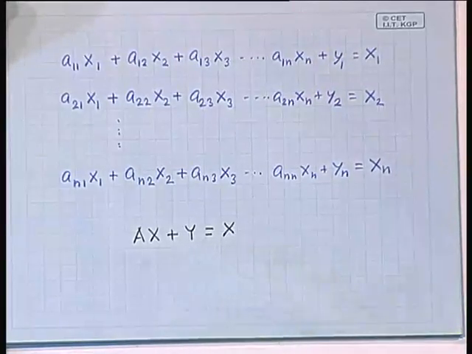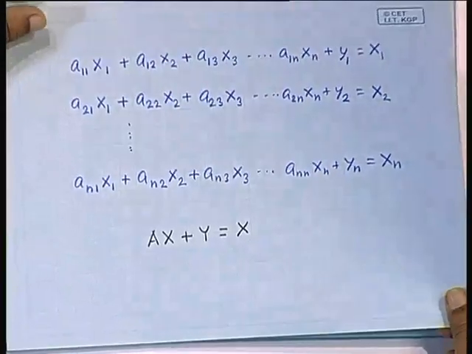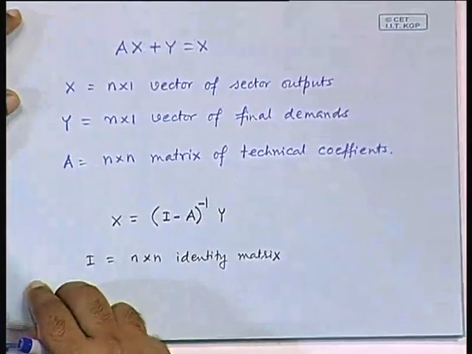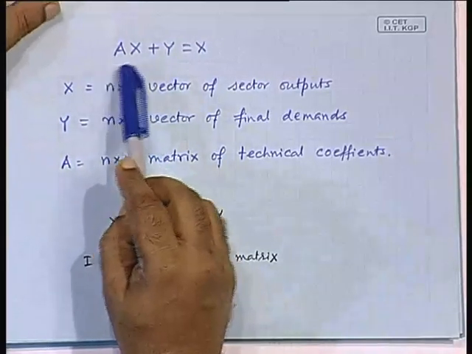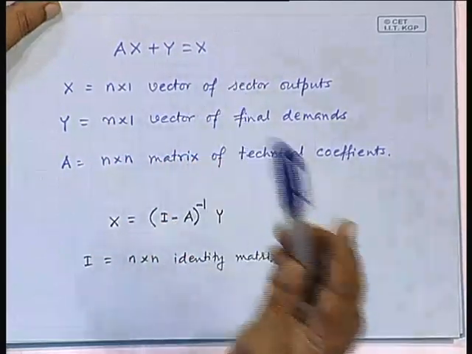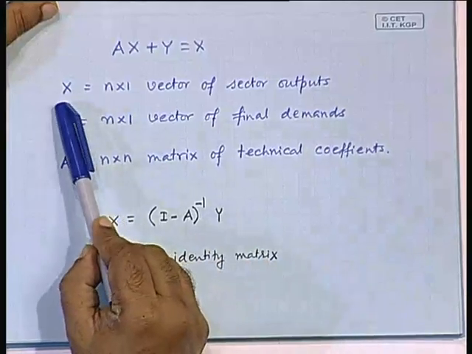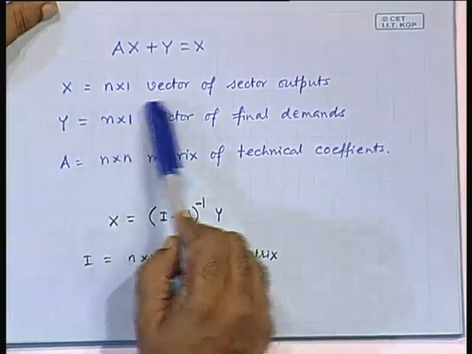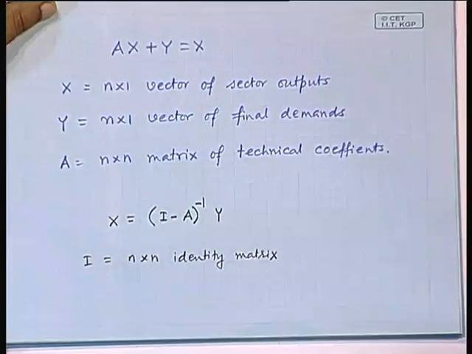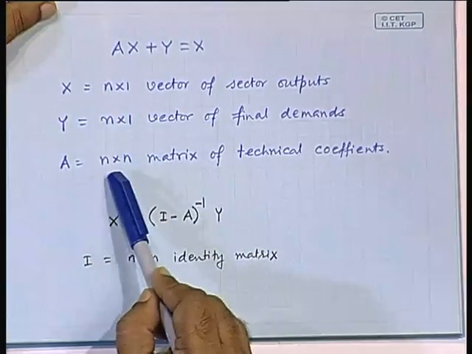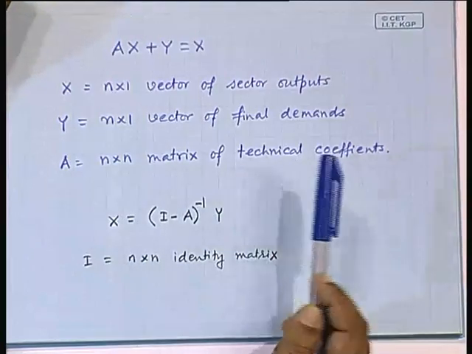So, we had written this as a matrix, and finally, when we write it as the matrix Ax plus y is equal to x, you have to remember that the x vector is the vector of sector outputs, y is the vector of final demands, and A is the n cross n matrix of the technical coefficients.